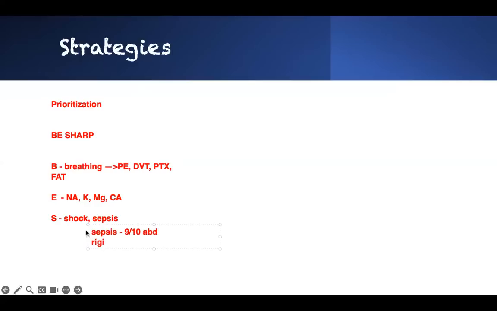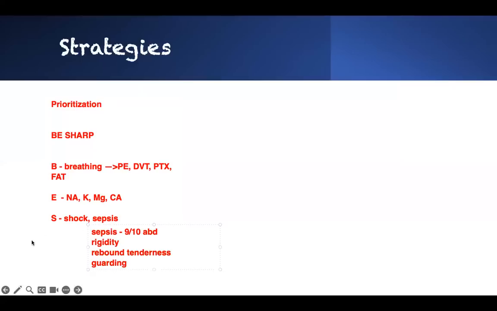These are buzzwords I'm looking for. I'm looking for rebound tenderness in the question. I'm looking for signs of peritonitis. That's what it is. So rigidity, I'm looking for guarding, okay? The patient is guarding in the abdomen. But 9 out of 10 is not enough for me.